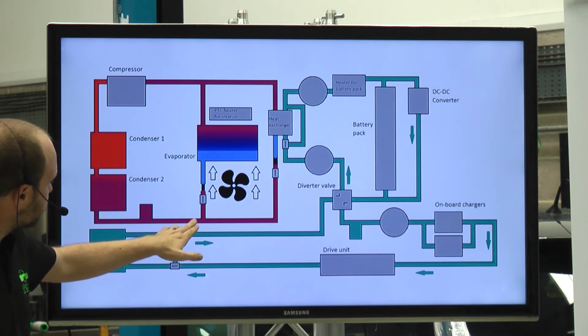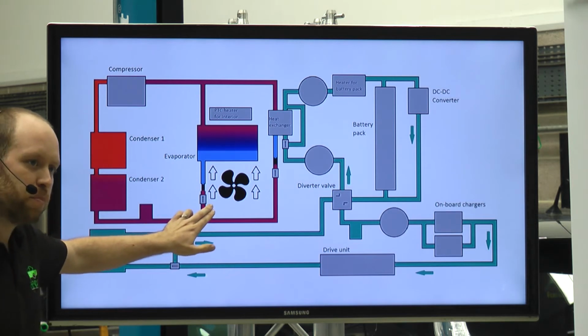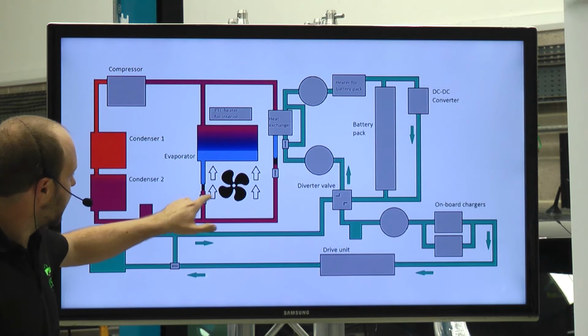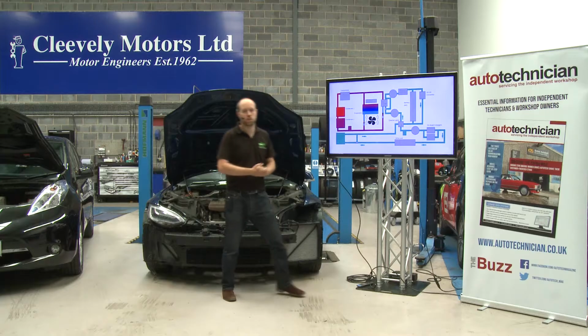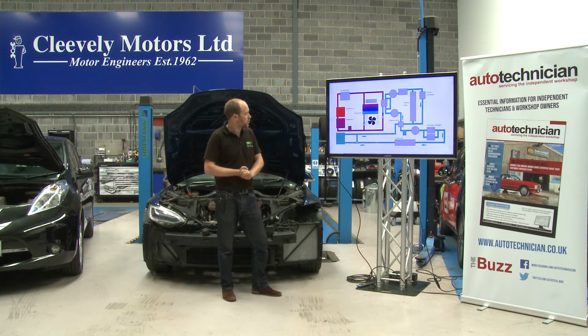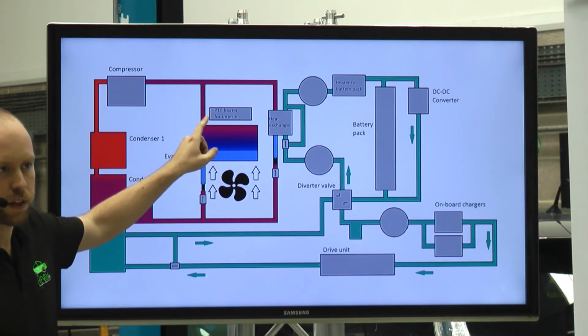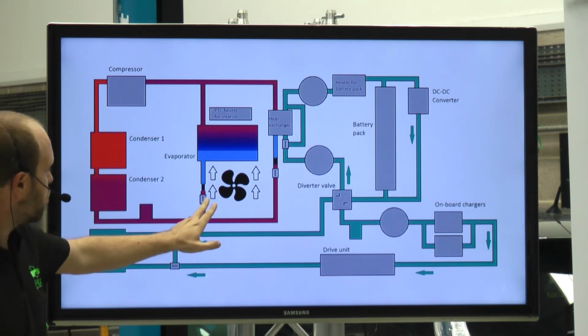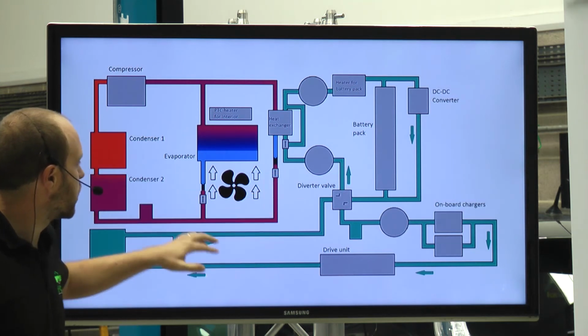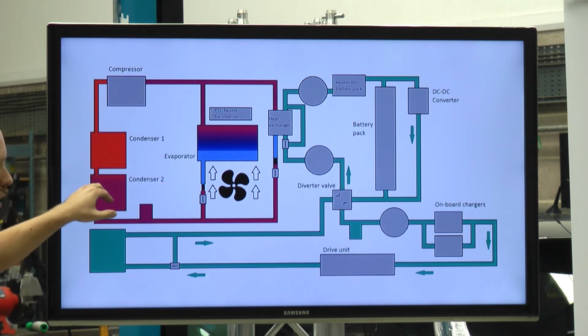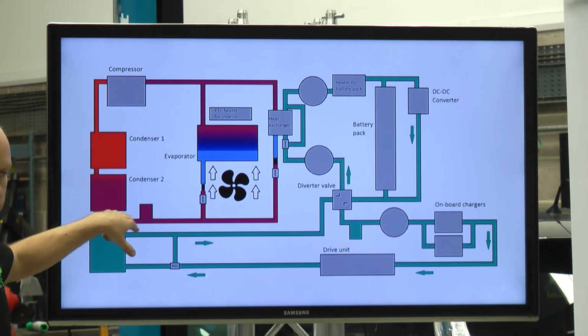But when we get to here, we now split this refrigerant system into two parts. And we have little electronic valves on both of those that can change the flow of the refrigerant. So what we can do is, this is our normal evaporator that's inside the car, same as any other car. So we can open this valve and we can close this valve and we can circulate the refrigerant around here, and it's exactly the same as the air conditioning system in any other car.